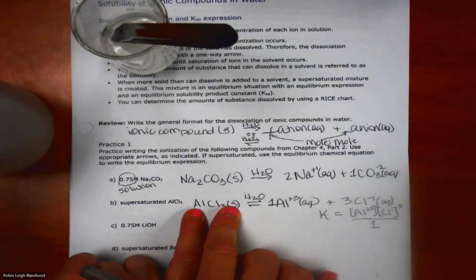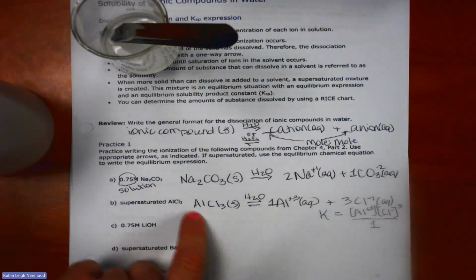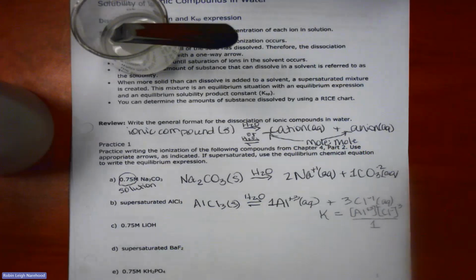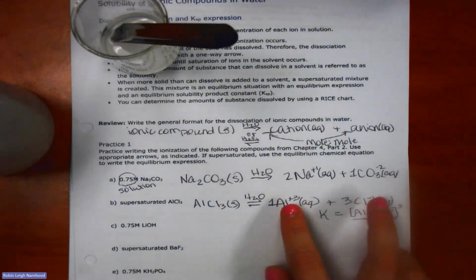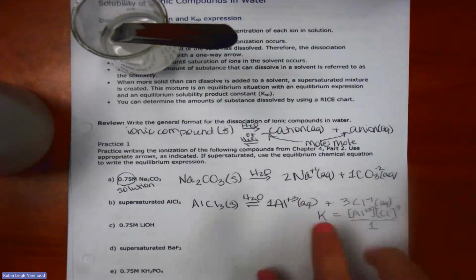Or worse, you think that you need to put a 0, and then that would make the whole thing undefined. So just put a 1 there, and that shows that you are accounting for its presence, but it's not going to factor into the expression because the expression is based on how much of this is floating around in the water. How much dissolved.